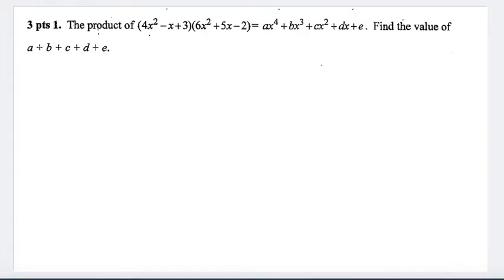Another three-pointer from another year, which is quite a bit more difficult. Maybe I won't do this one. You're going to have to take the 4x squared times each of these parts, and then the negative x times each of these parts, and then the 3 times each of these parts. And in the end, after doing the trinomial times the trinomial, you'll end up with 9 terms.